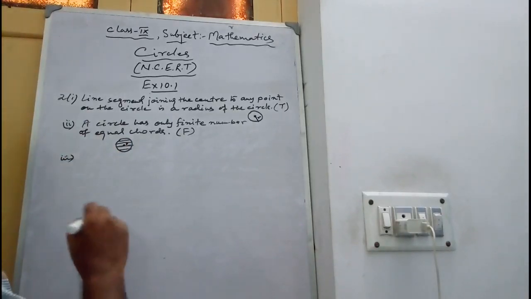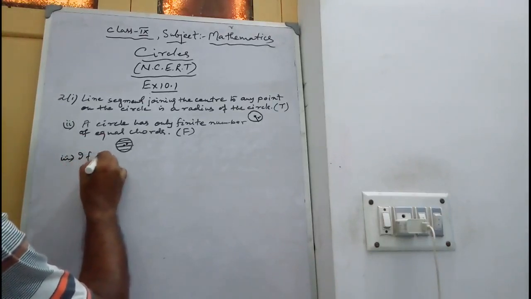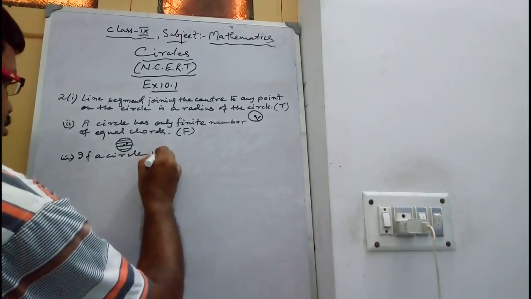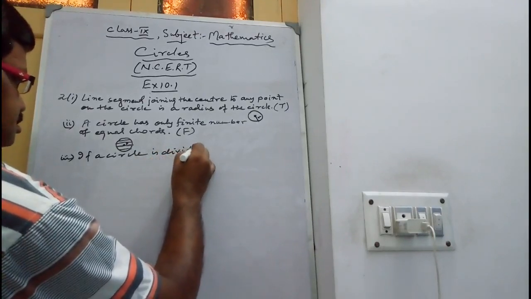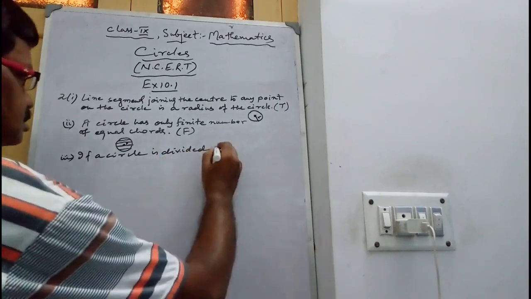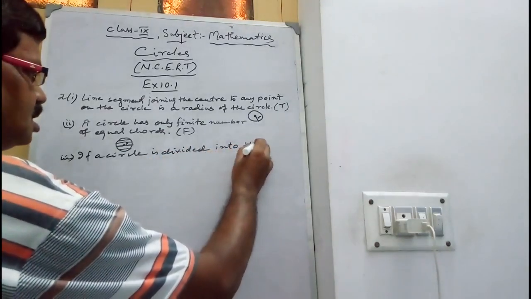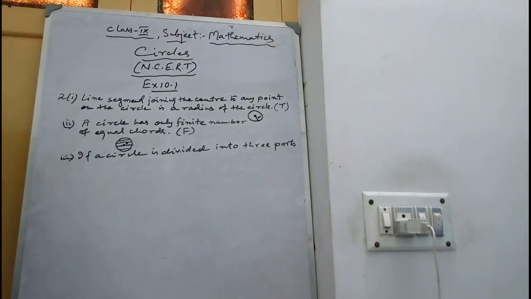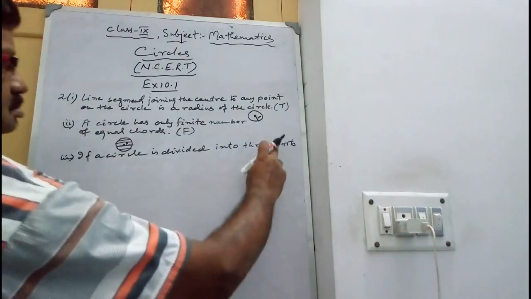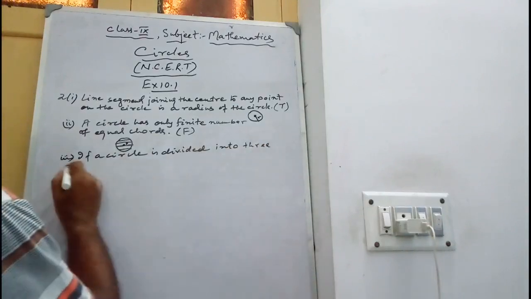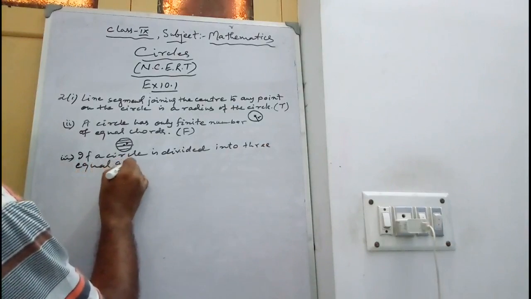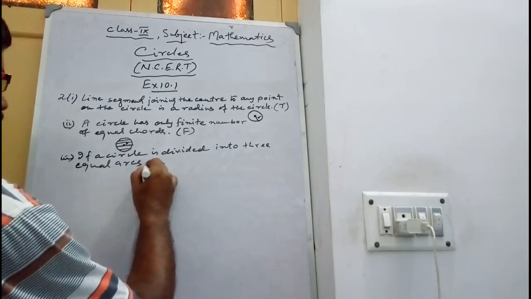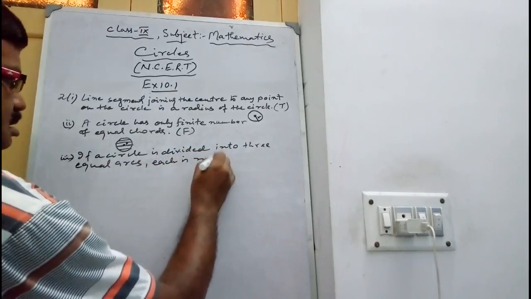Number 3: if a circle is divided into three equal arcs, each is a minor arc.